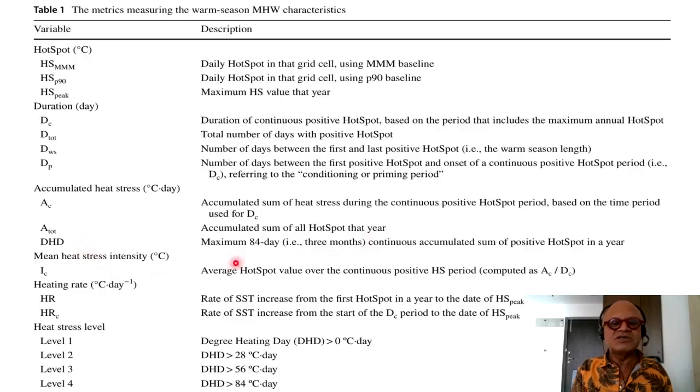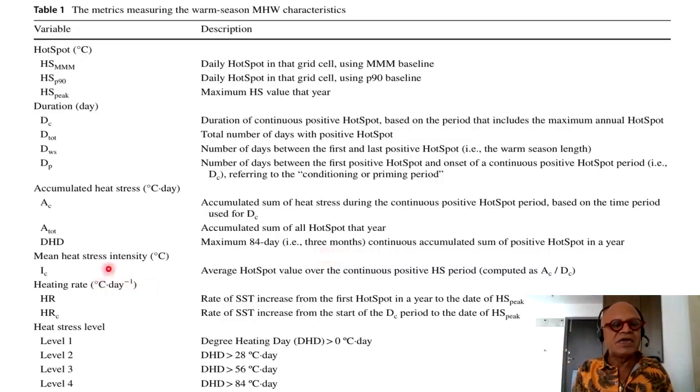Okay, DHD is the degree heating day, which is a derivation from the degree heating week that the NOAA Coral Advisory uses. Similar concept. So maximum 84 day, that is 3 months continuous accumulated sum of positive HS in a year. Basically they're only using warm period of the year, warm season of the year. So within 3 months of that season, how many accumulated HS days you get.